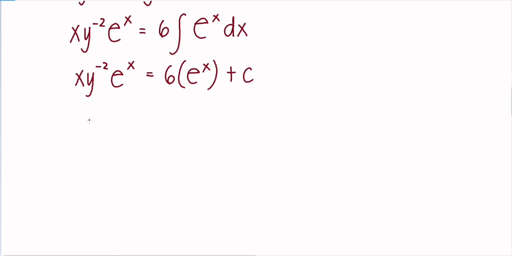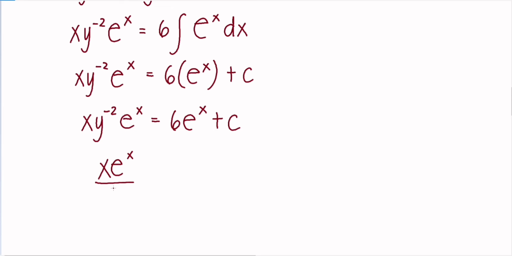So we have xy raised to negative 2, e raised to x equals 6e raised to x plus c. To simplify this, we need no negative exponent, so we bring y down: xe raised to x over y raised to 2 equals 6e raised to x plus c.